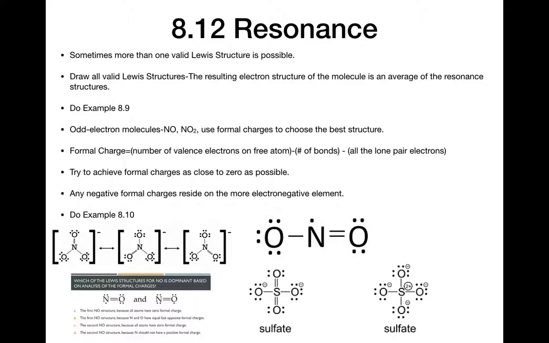Example 8.9 helps you with drawing Lewis structures for resonance. Another problem that we sometimes run into is the case of odd electron molecules. When you have an odd electron molecule, it's always going to be awkward to make a Lewis structure, because the Lewis structure can't have pairs everywhere.